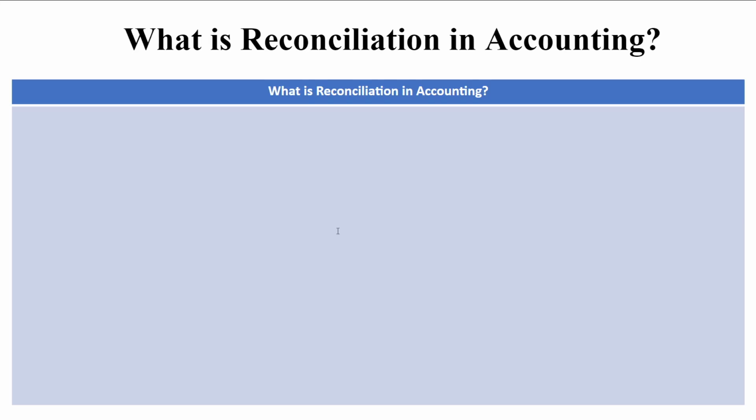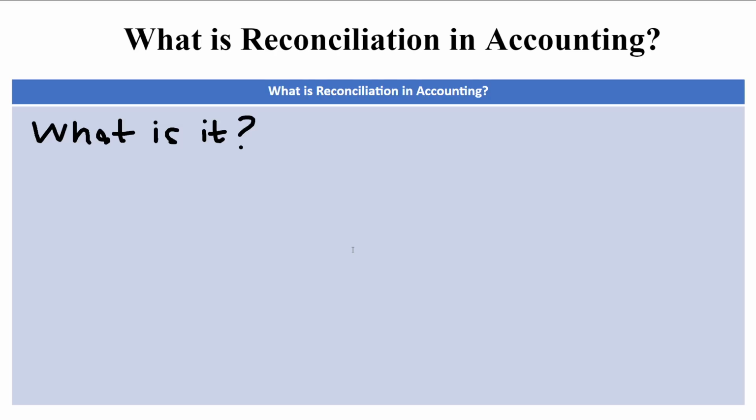So the first thing we're going to be talking about is what is this word's meaning? So what is reconciliation? All right, perfect. So reconciliation is a crucial accounting process that involves comparing two sets of records to ensure they match and are accurate.